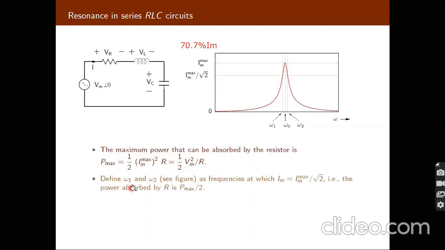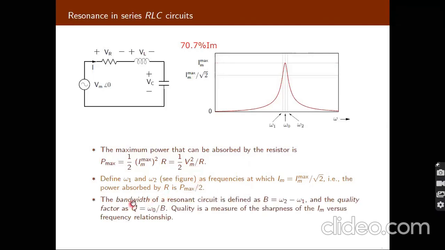Next, define omega 1 and omega 2 as the frequencies at which Im is equal to Im by root 2. That is, the power absorbed by R is P maximum by 2. This P maximum is the maximum power, the absorption of power in the resistor, divided by 2.